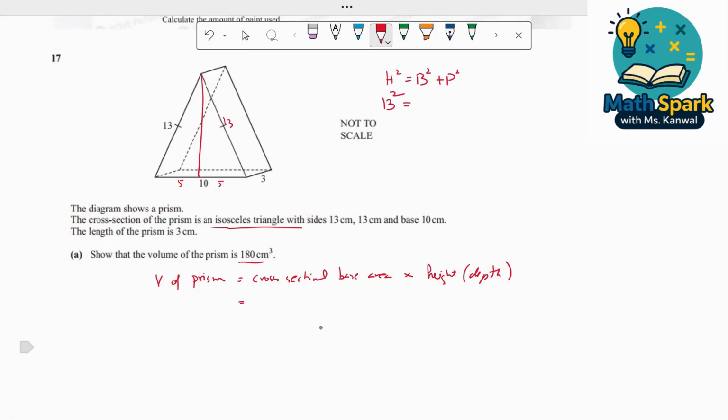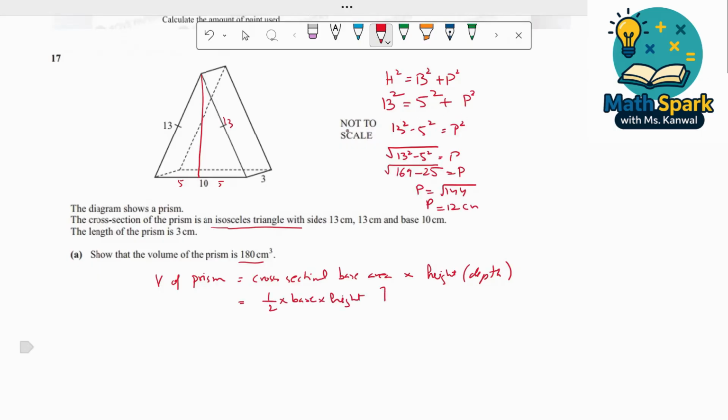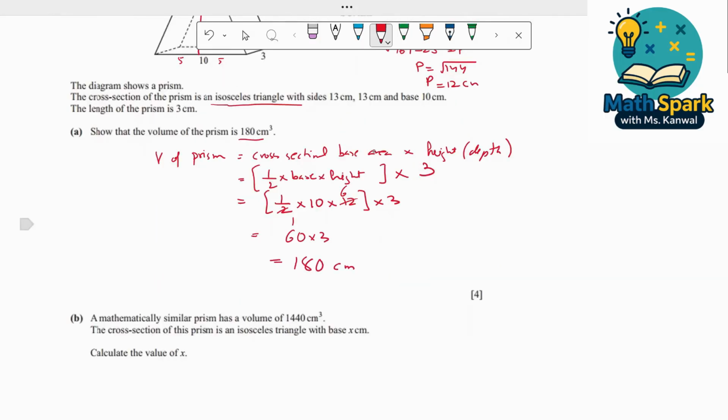So 13 is the hypotenuse, 5 is the base. Area of triangle is 1 upon 2 base into height, and the depth of the prism is 3. So here we got the right answer proved.